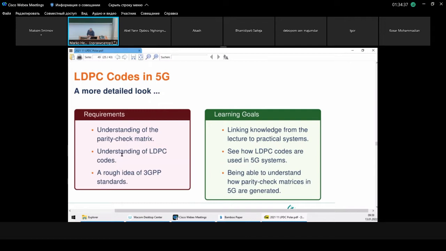We should have understood how the decoding works, this iterative decoding between the check nodes and the bit nodes. And what always helps is a rough idea of the 3GPP standards. So that's the wireless standards mobile phones operate on, basically. And what we want to learn here is how these LDPC codes are used in 5G systems, why certain parity check matrices are used there. We cannot explain this in full detail because it will be quite complex, but you will get the idea why certain matrices are used.